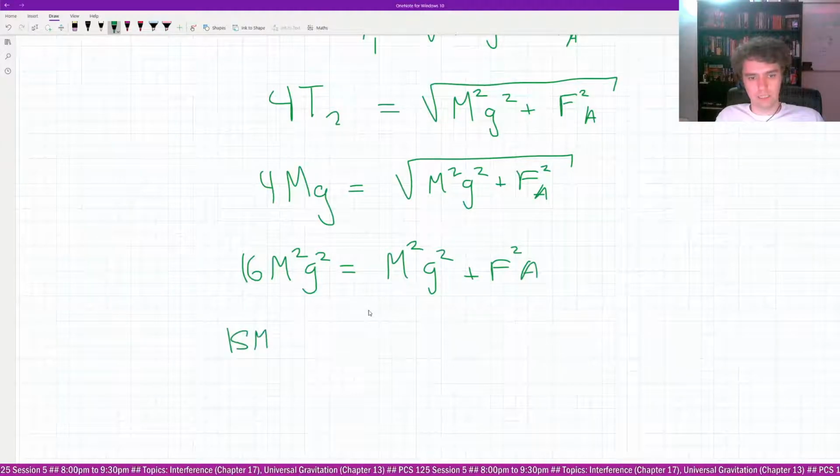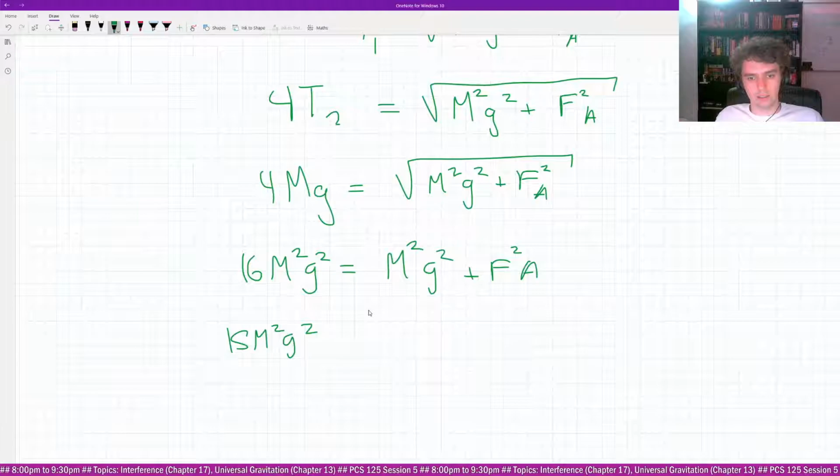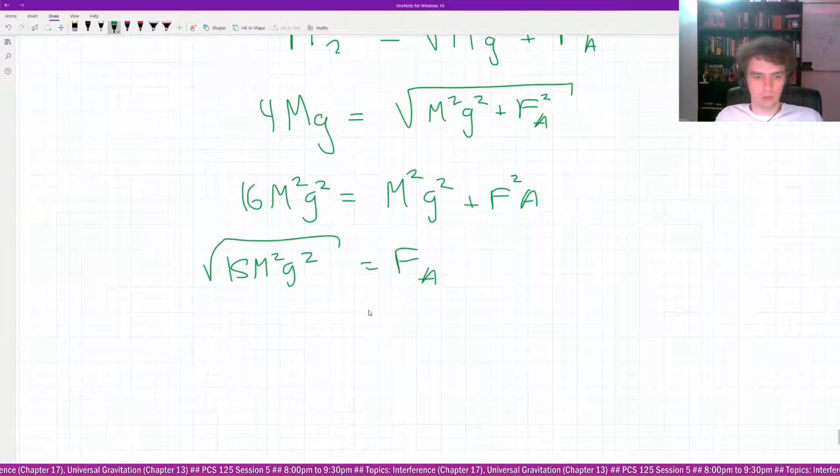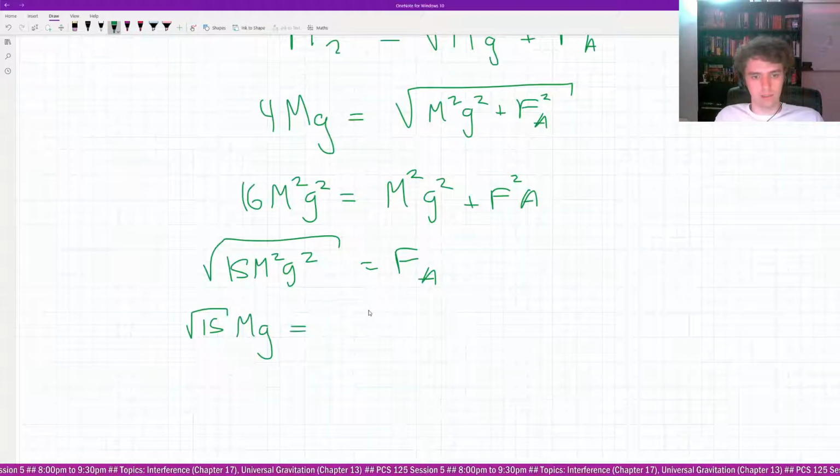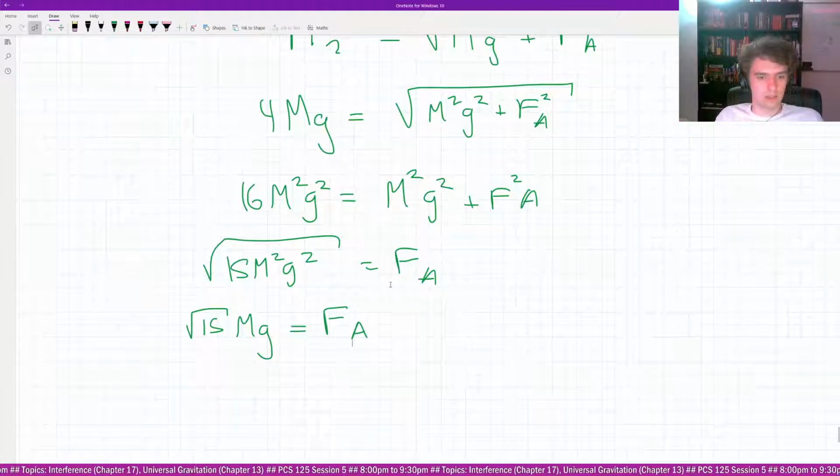So 15 m squared g squared in a square root equals Fa. So root 15, which is 3 times 5, I don't think I can simplify that. Root 15 mg equals the force applied. And there's that.